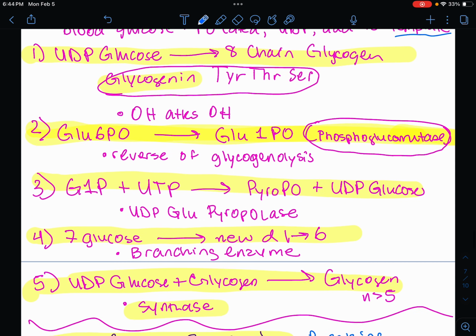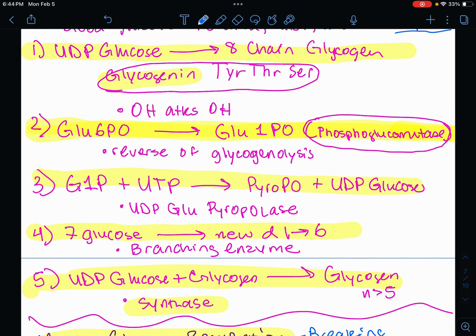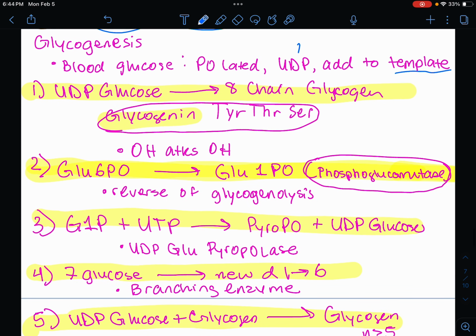All right, so the main point is to use, again, these 3 components. We need to complete all these objectives. So let's work on our template glycogen first. We're going to be taking UDP glucose, which will be formed. We'll go over the step that forms UDP glucose, but let's pretend we already have some made.